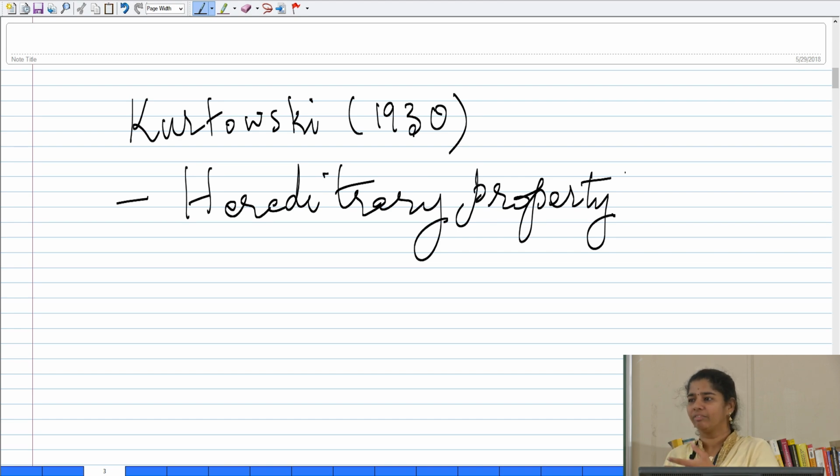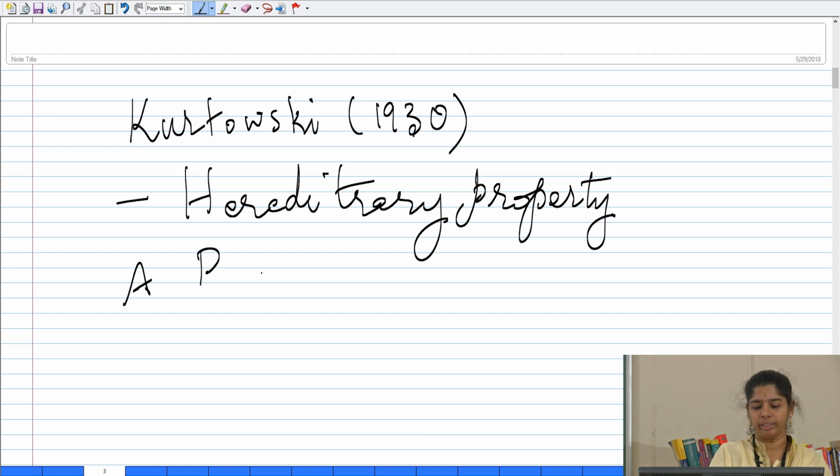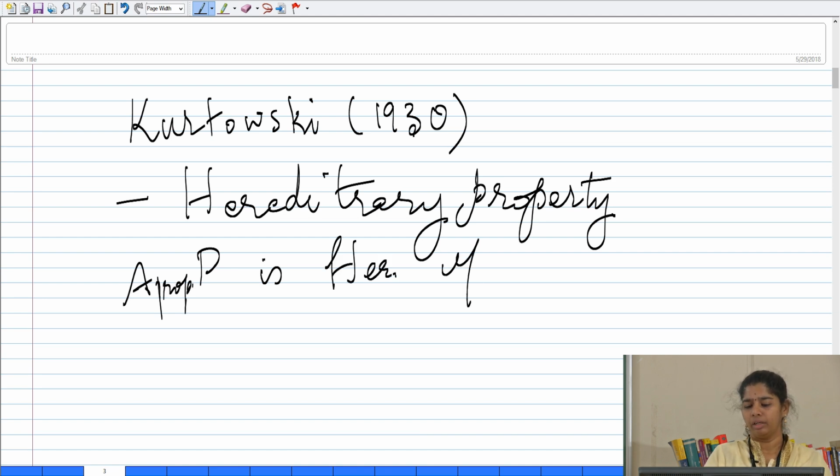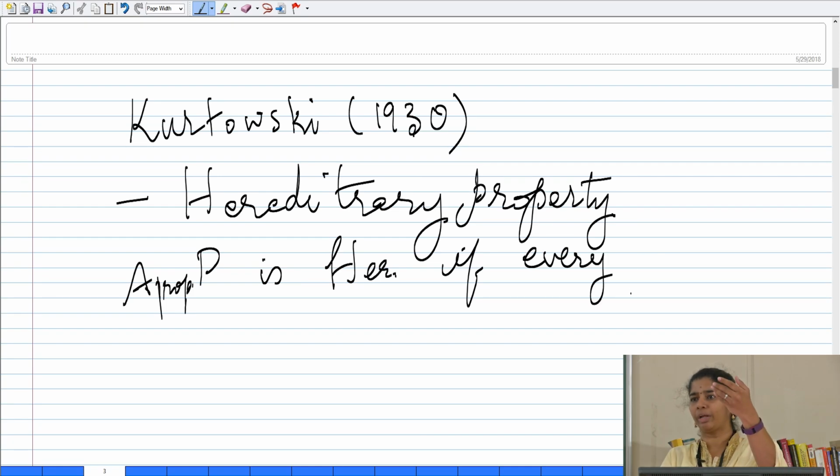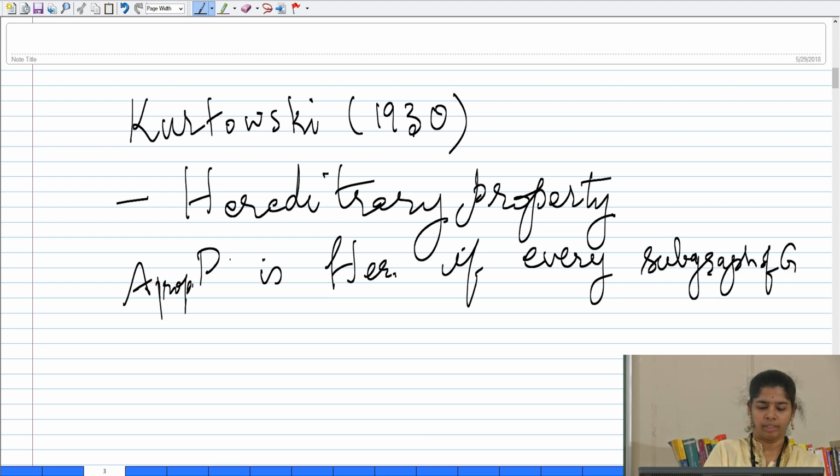We usually have such kind of things. Hereditary means it comes over generations, we say. So, in similar language we can say that a property P is hereditary if every subgraph of G has it. If first of all G has it, and then every subgraph of G also has it. I will say a property P of G. Okay.